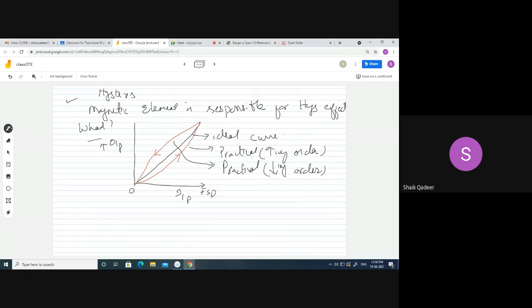You can support this statement with this term. And also you must write who is responsible for the hysteresis effect in the instrument: the magnetic element.